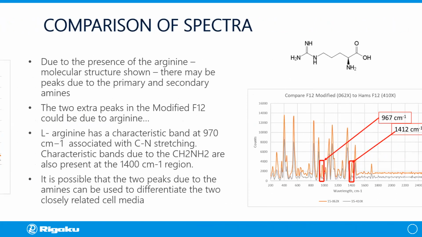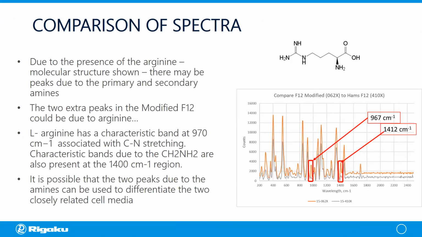We would do this looking for the presence of this arginine and sodium pyruvate. And we find that there might be peaks due to the primary and secondary amines that are present in one that are not present in the other. If we look at the two extra peaks in the modified F12 that could be due to arginine, they are present.